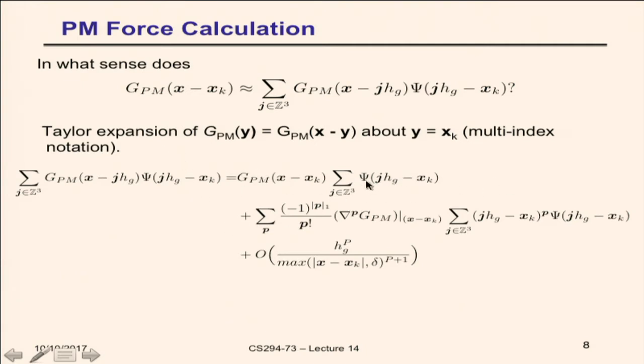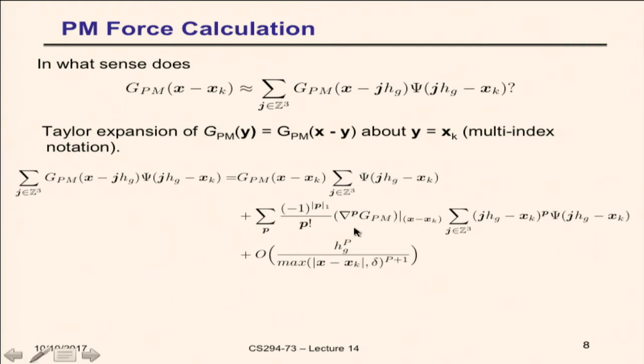I've written out the various terms and grouped them. The first term in the Taylor expansion is the sum over j of psi of j h_g minus x_k. So that's the sum over grid points of psi of j h_g minus x_k. It's a sum of psi over shifted lattice points.